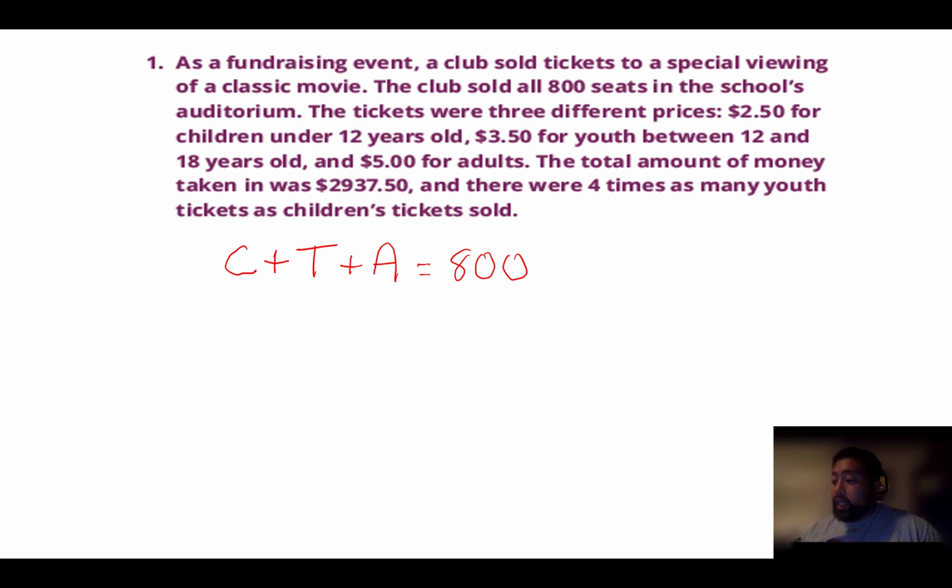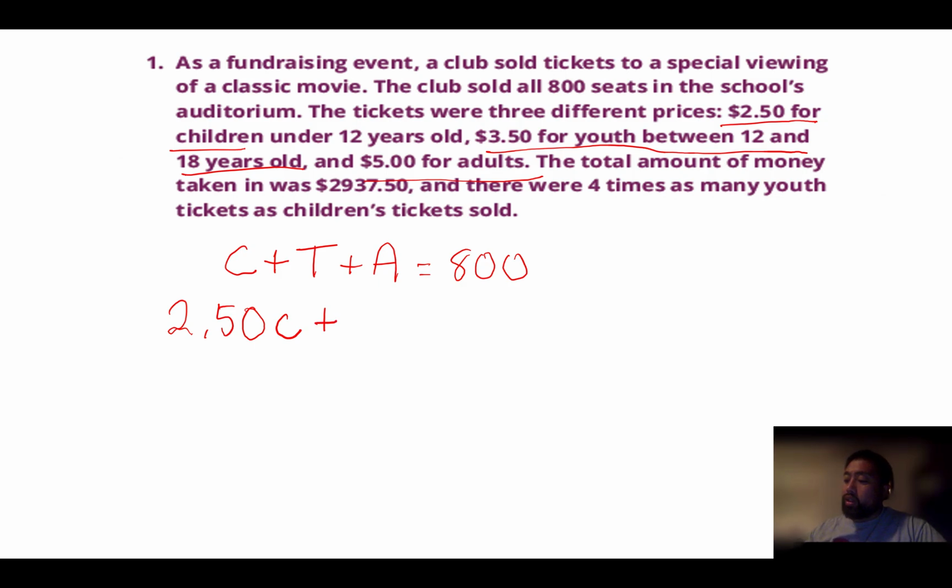And then the second one is the systems and things they give us. They give us $2.50 for children, $3.50 for teenagers, and $5 for adults. So remember, in our rules of matrix, we're going to keep everything constant. Let's do the children first. The children was $2.50 per ticket, plus, let's do the teens.